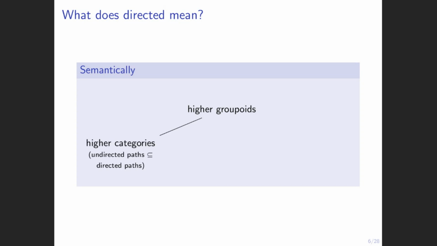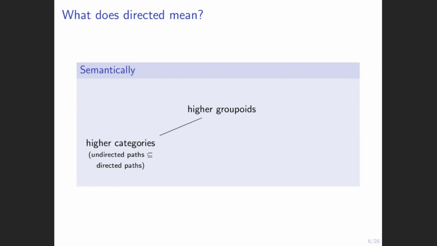But there are two ways to do this. So one is by targeting higher categories. And those are, like I said, we have morphisms all the way up. And of course, in a category, your undirected paths, which you would interpret as just the isomorphisms, are contained in the directed paths, by which I mean the morphisms.